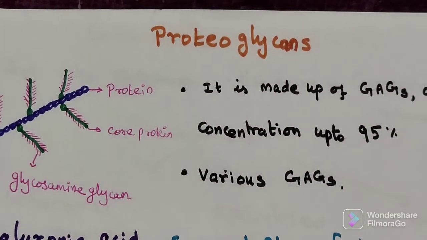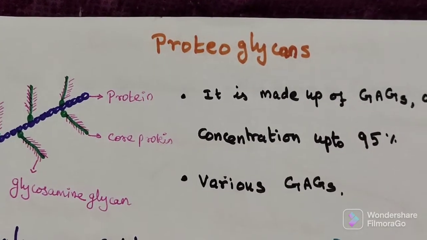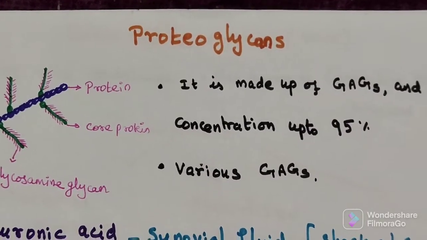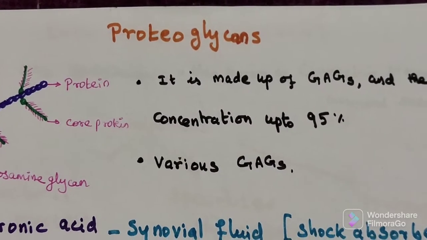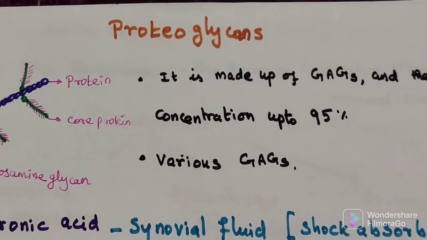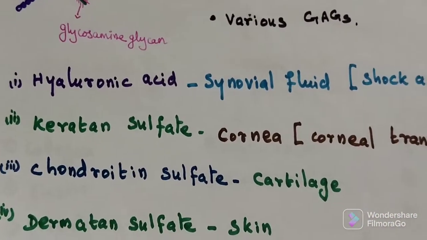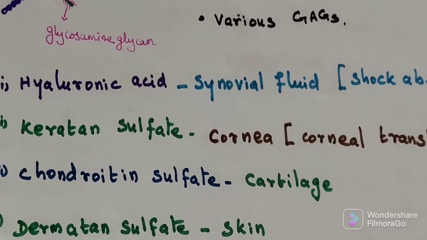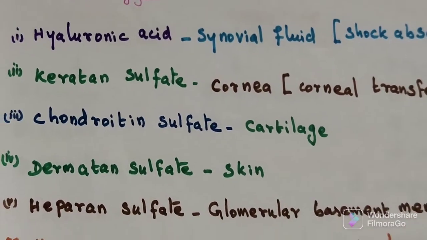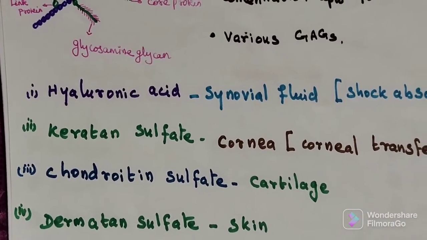Next, proteoglycan. It is made up of a core protein and principally of glycosaminoglycans, with a concentration of up to 95%. The various glycosaminoglycans are hyaluronic acid, keratan sulfate, chondroitin sulfate, dermatan sulfate, heparan sulfate and heparin.